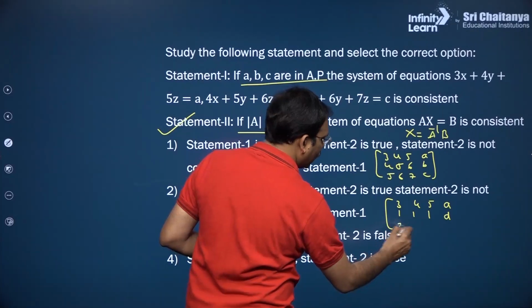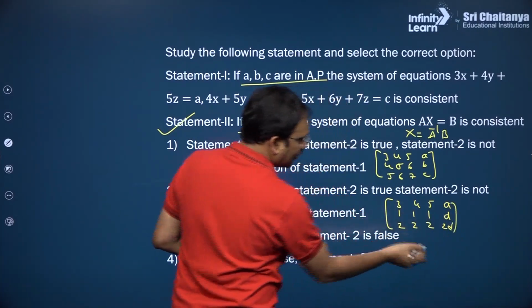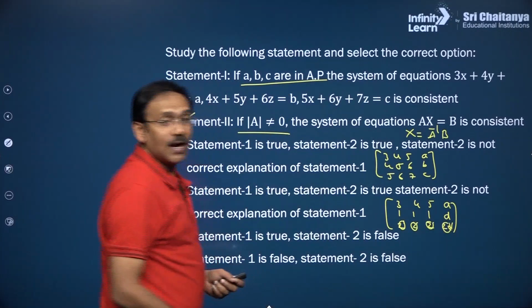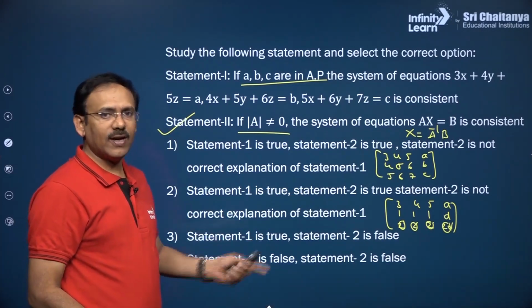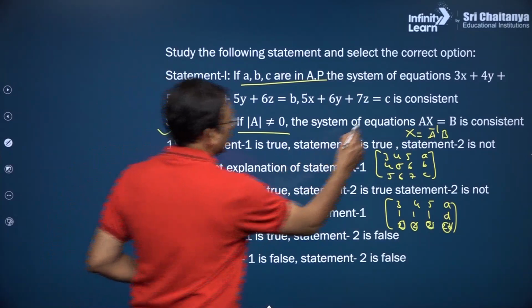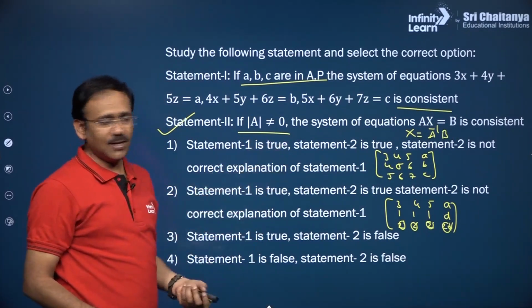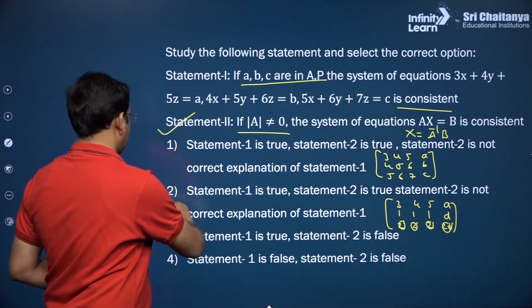R3 minus R1 gives 2, 2, 2, c minus a means double the common difference. Now, in the next step, you can make this completely 0. So rank of A is equal to rank of A by B, which is 2, so infinitely many solutions. So, consistent. Statement 1 is correct, statement 2 is correct, but it is in no way explaining this. Both are correct, but not the correct explanation.